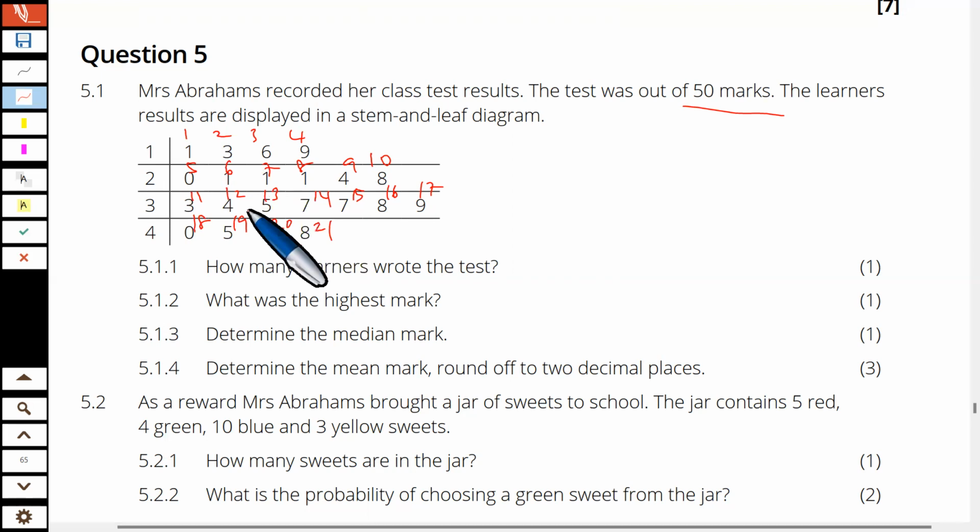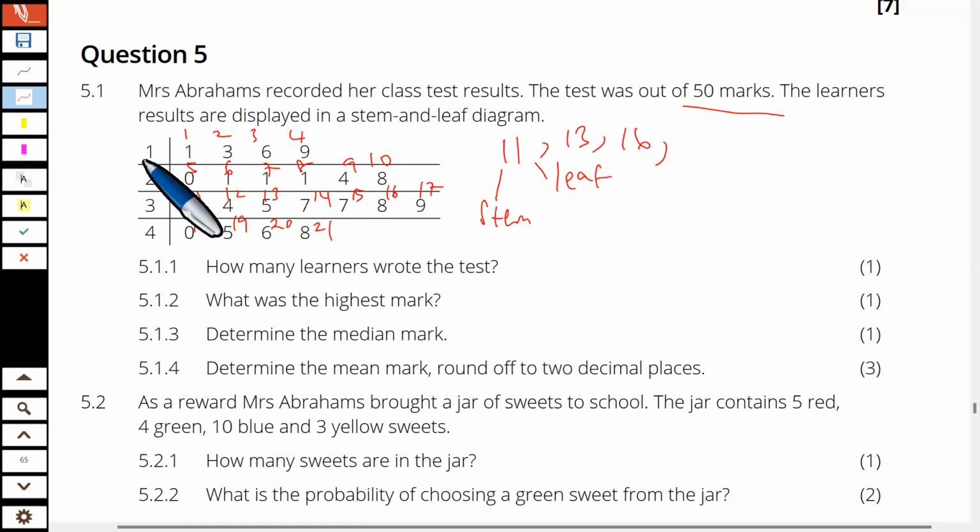Now if you look at the marks like that, you have the stem of the mark, this is the stem, and this one is the leaf. So you have a student who got 11 out of 50, a student who got 13 out of 50, a student whose mark has the stem 1 and the leaf 6, 16, and a student who got 19.